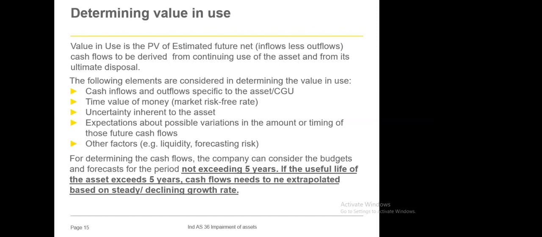For determining the cash flows, the company can consider the budgets and forecasts for the period. Now the question comes, how will we calculate the cash flows, that is the inflows less the outflows? For that, Ind AS 36 says the company can use the budgets and forecasts for a period not exceeding 5 years.